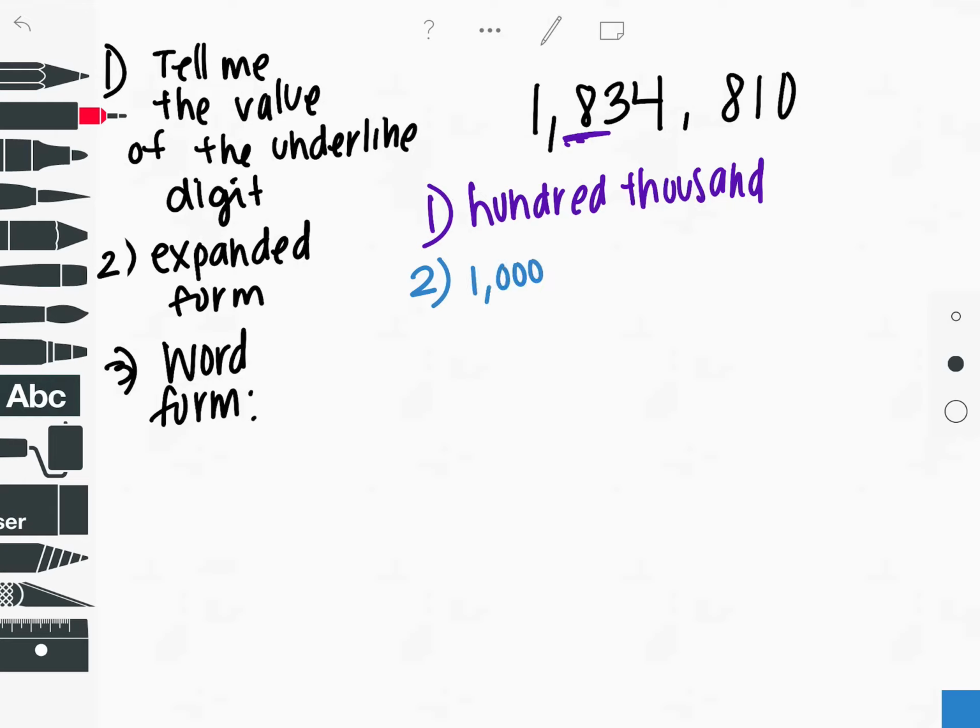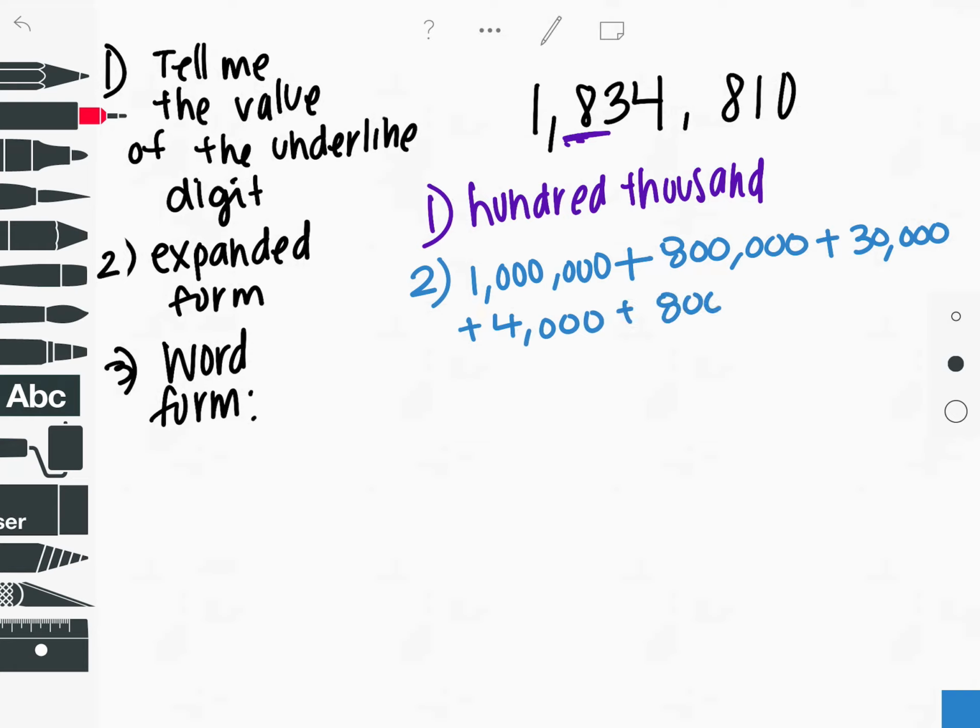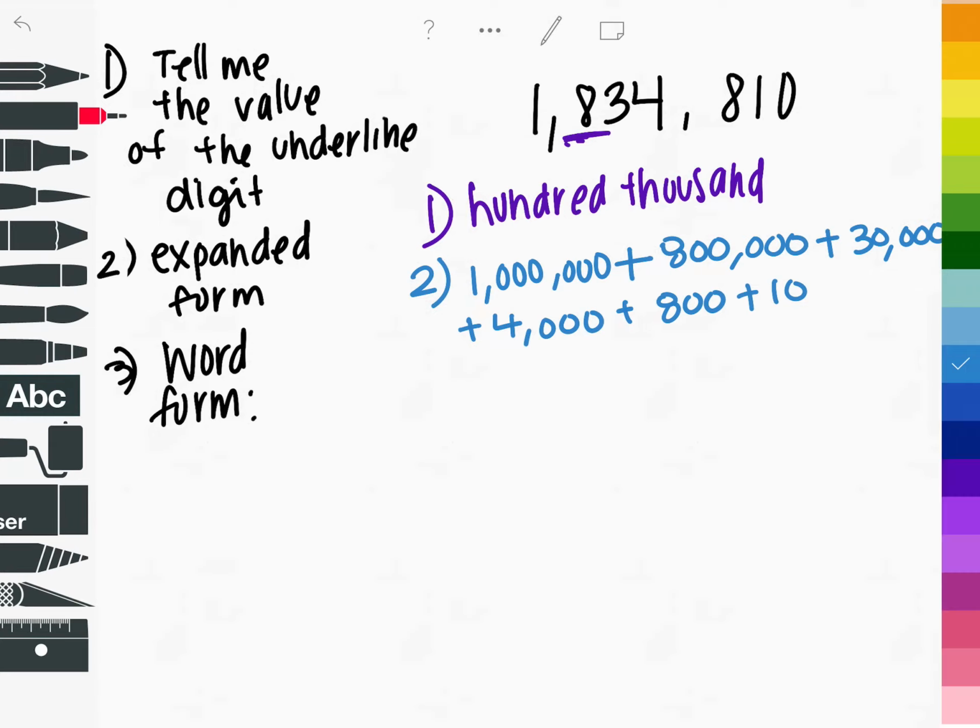So we're going to start with 1 million. Remember 6 spaces and your commas between every 3 spaces. We're going to add that to 800,000 plus 30,000 plus 4,000 plus 800 plus 10. This is the expanded form of 1,834,810.